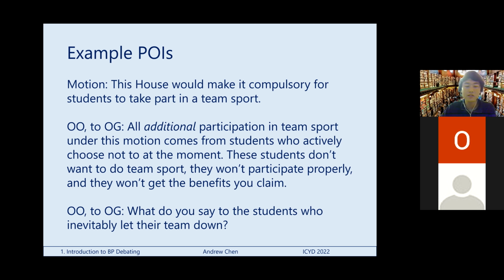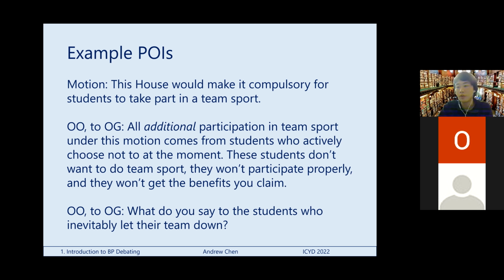But that hopefully gives you some ideas of how POIs work. Another example here that's a little bit shorter, OO might say to OG, what do you say to the students who inevitably let their team down and feel really sad as a result and maybe even get bullied? So then OG would have to respond to this. Maybe they'll just say that, well, you can have social team sport where this isn't so much of an issue. If you play together as a team for a really long time, you're likely to be supportive of anyone because that's how your team does really well in the future.